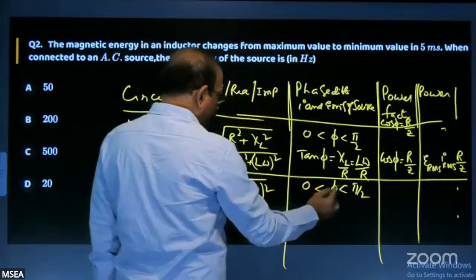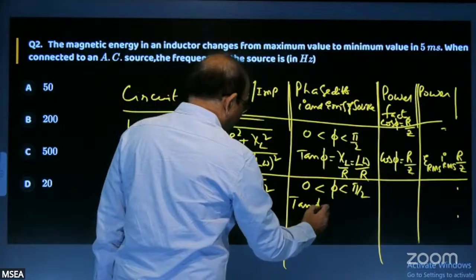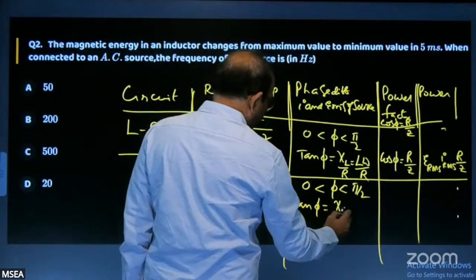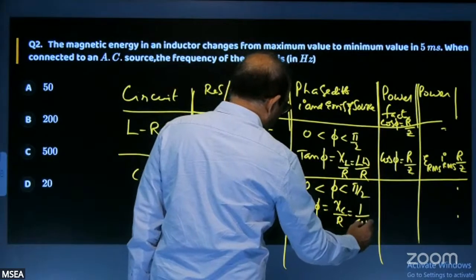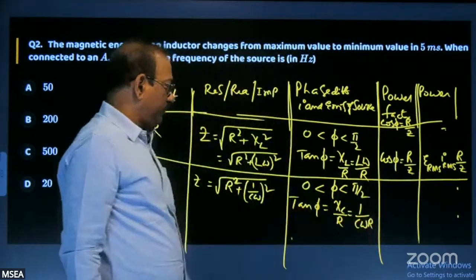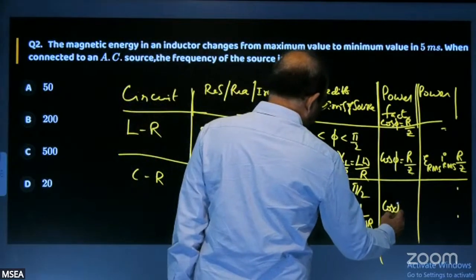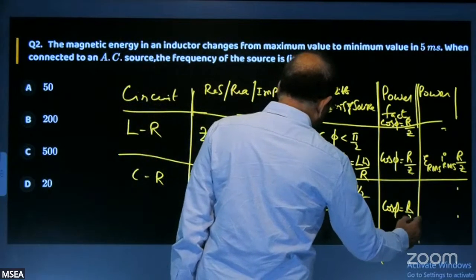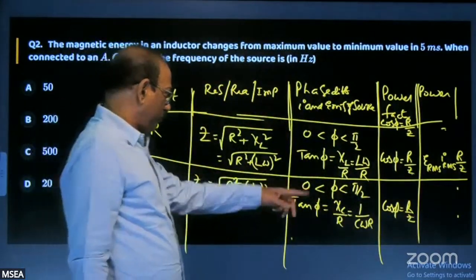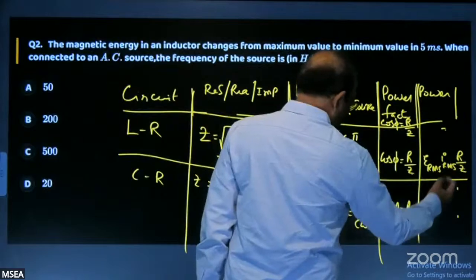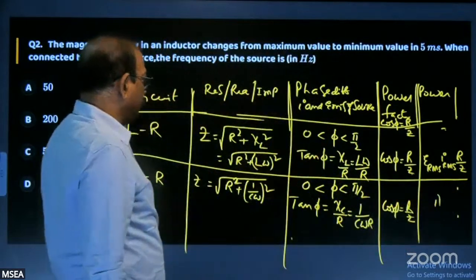To find it, tan phi is capacitive reactance by resistance, 1 by C omega R. Power factor cos phi is R by impedance, where impedance is root R square plus 1 by C omega whole square. Power is also ERMS, IRMS into R by Z.